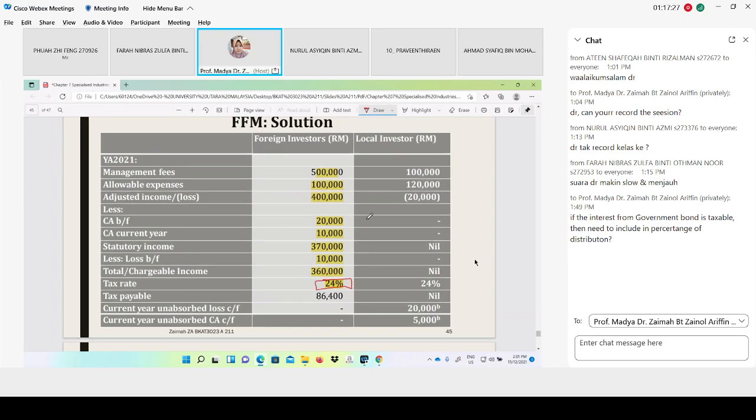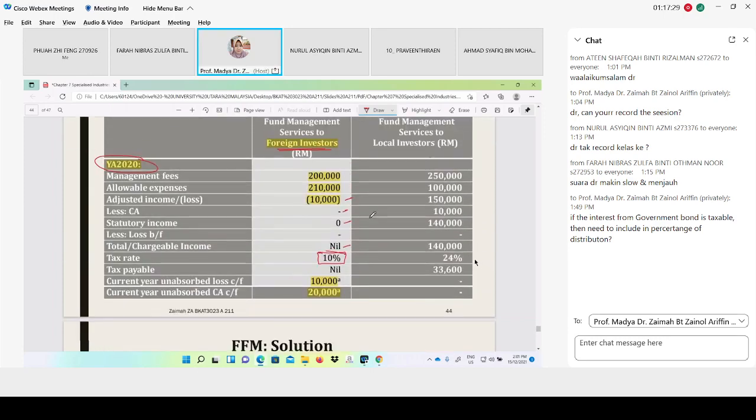Okay. For local, you compute as usual, quite similar to what we have for foreign investor, only the tax rate is still 24%. It's not given any special provision for the local investor. In year 2020, the tax rate is 24%. Okay, same goes here.